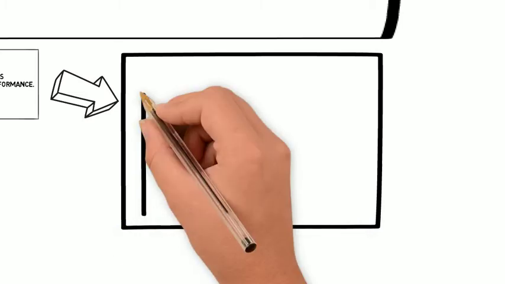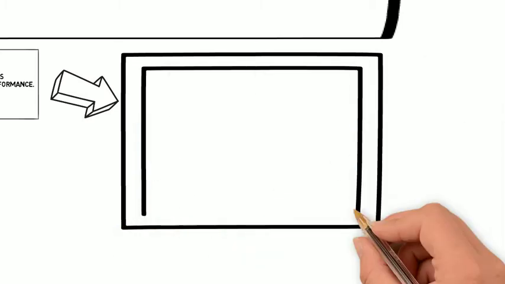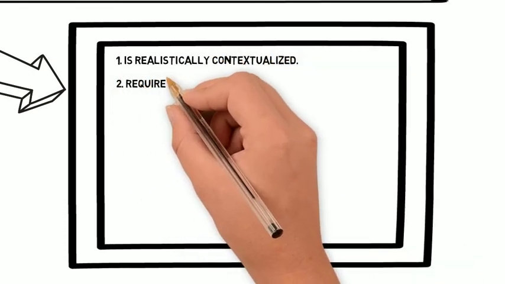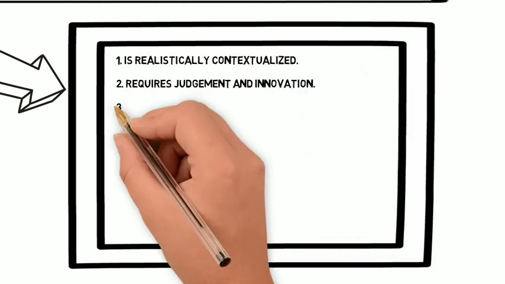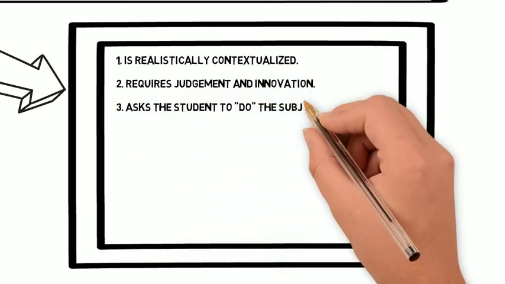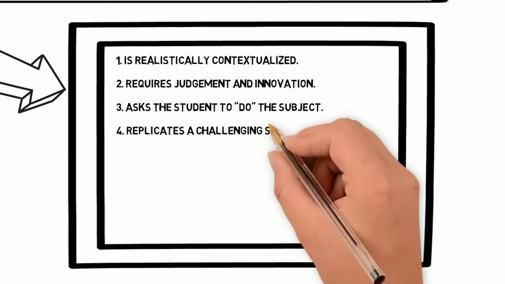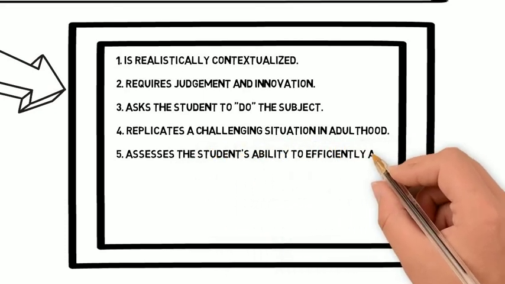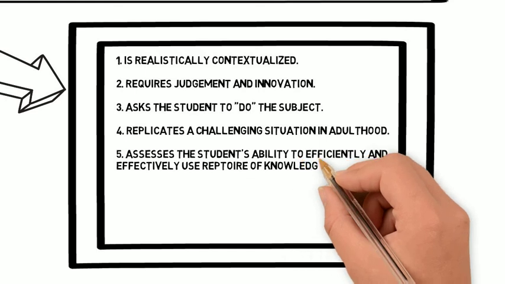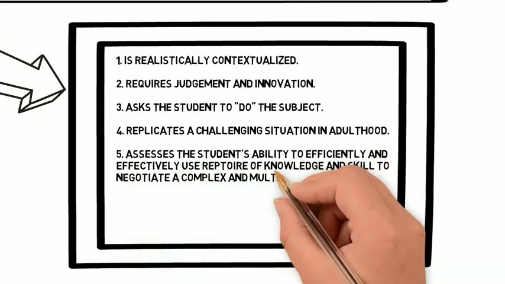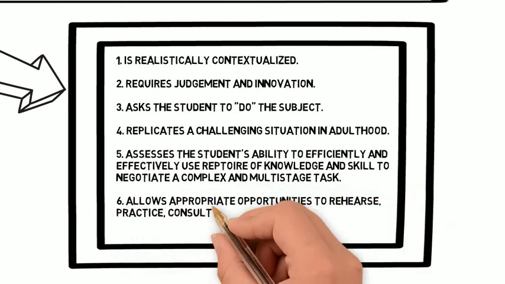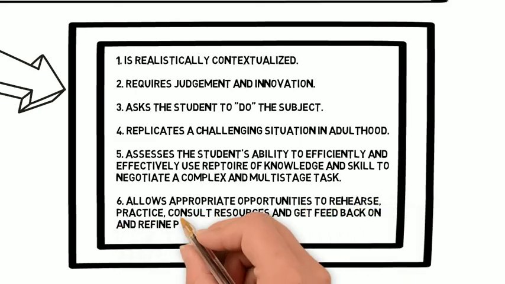This means that the task should exhibit most or all of these criteria, meaning it is realistically contextualized, requires judgment and innovation, asks the student to do the subject, replicates a challenging situation in adulthood, assesses the student's ability to efficiently and effectively use a repertoire of knowledge and skill to negotiate a complex and multi-stage task, allows appropriate opportunities to rehearse, practice, consult, resource, and get feedback on and refine performances and products.